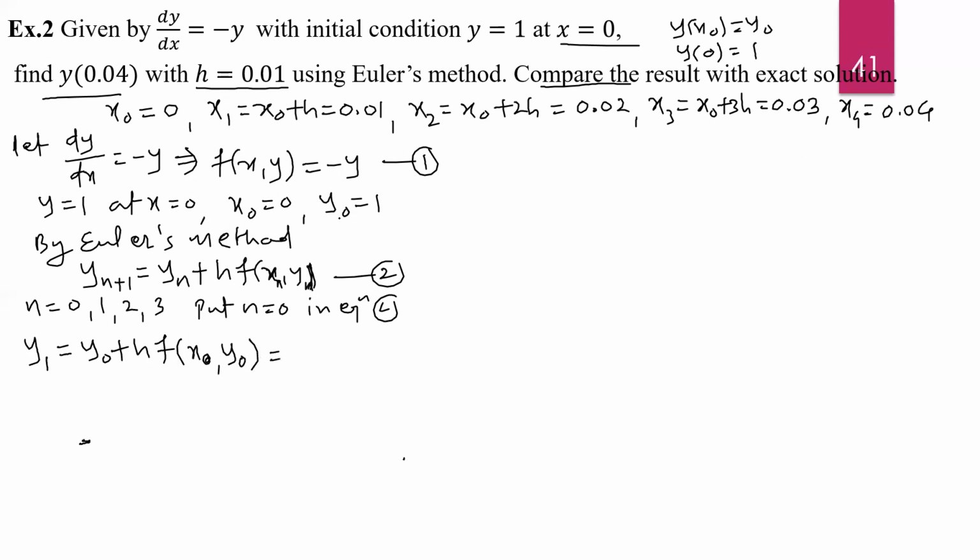The value of y naught is 1, plus the value of h. h means the increment in every iteration, which is constant, 0.01. And the function is minus y, so just write minus y suffix naught.